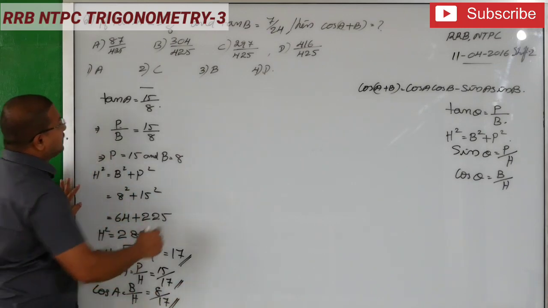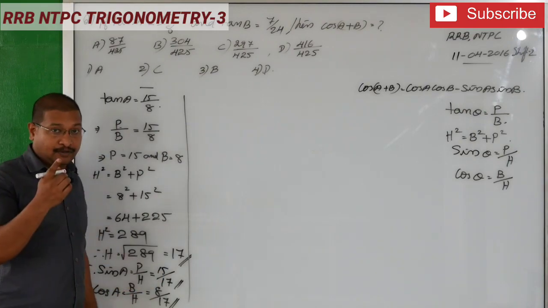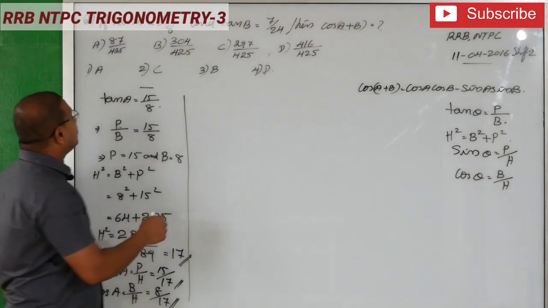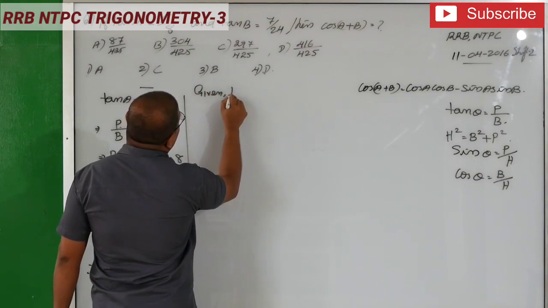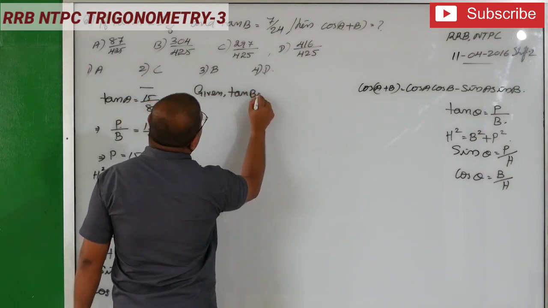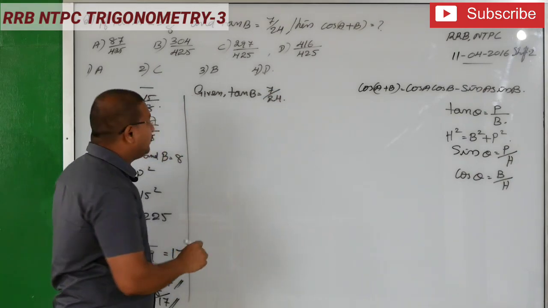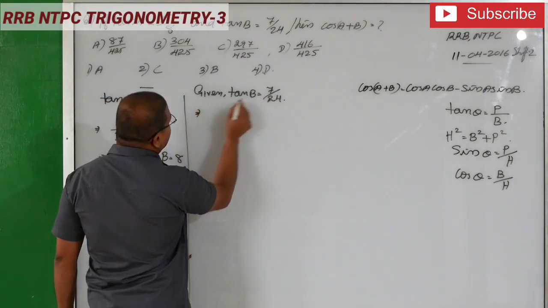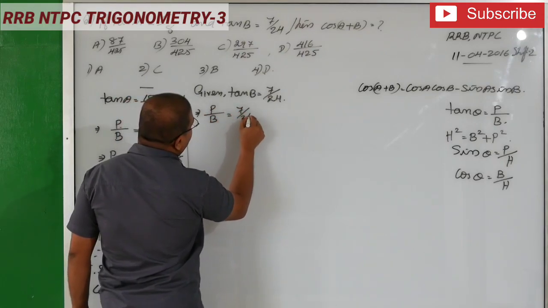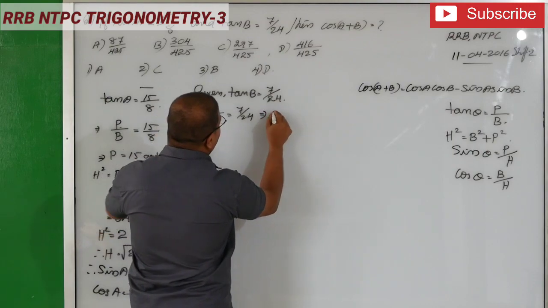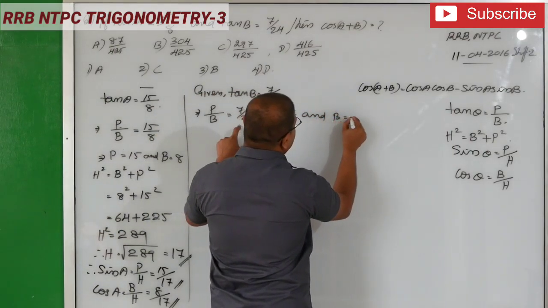Ready? Now in the same style, what will you do? We will find the value of sin B and cos B. What is already given? Given tan B equals 7 by 24. Ready? This implies tan means perpendicular by base equals 7 by 24. This implies perpendicular is 7 and base is 24.